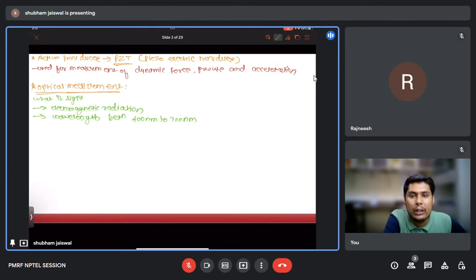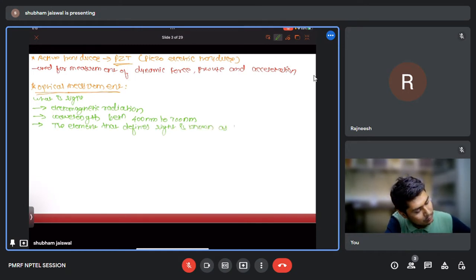The element that defines the light is known as the photon. This we have seen in the introductory part.